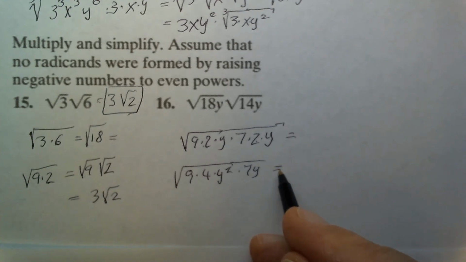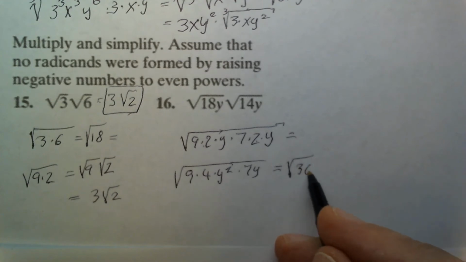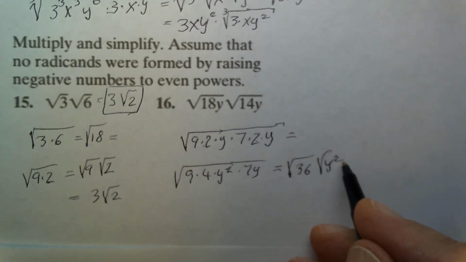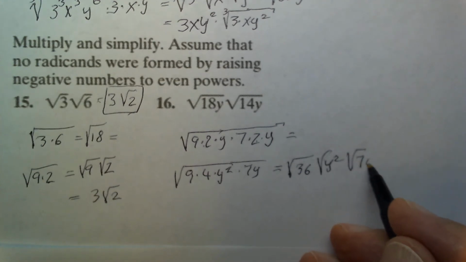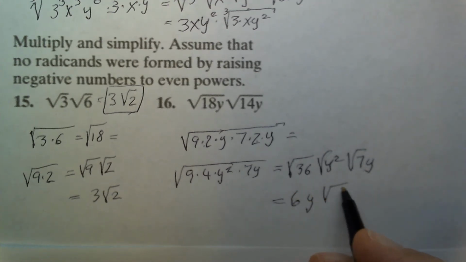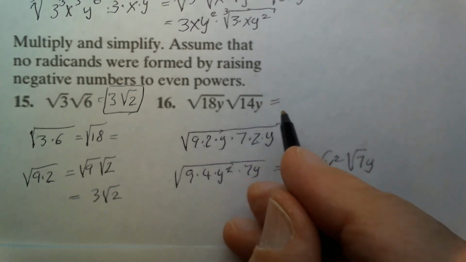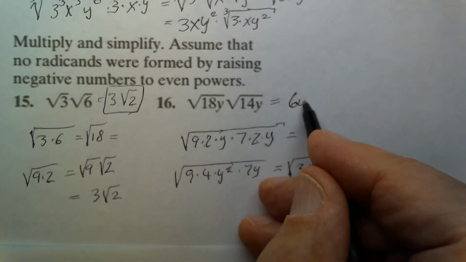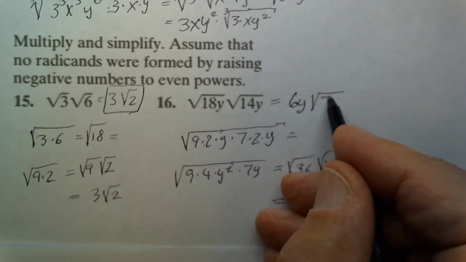So 9 times 4 is 36, so the square root of 36 times the square root of y squared times the square root of 7y, and the square root of 36, of course, is 6. The square root of y squared is y, and then we have the square root of 7y. So that's the answer to number 16: 6y times the square root of 7y.